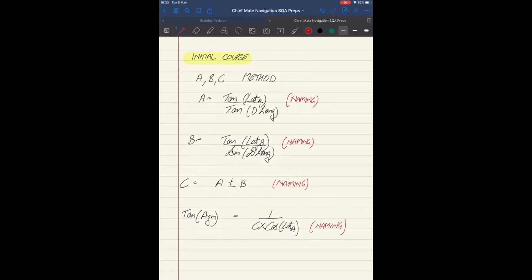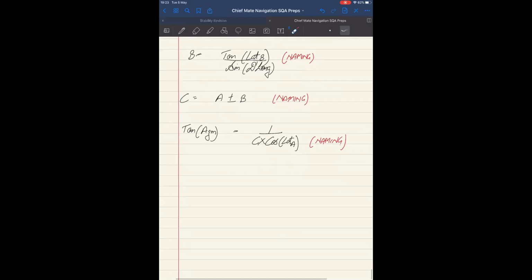This is all we are doing for the initial course. So let's look at how we do naming for A. Naming of A is determined by what our D long is.